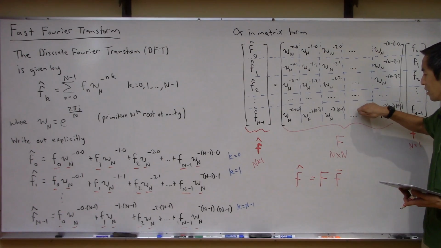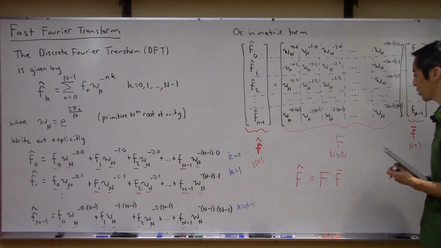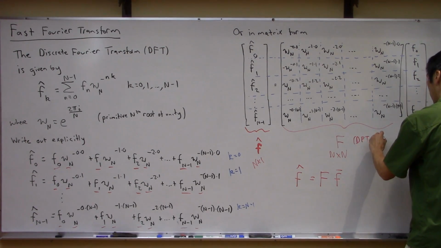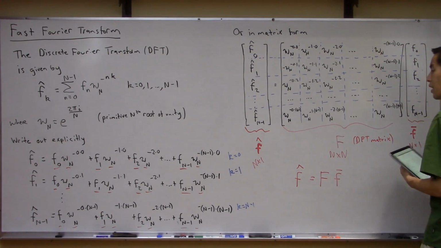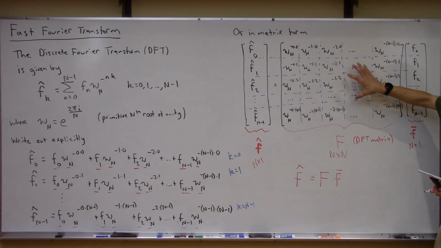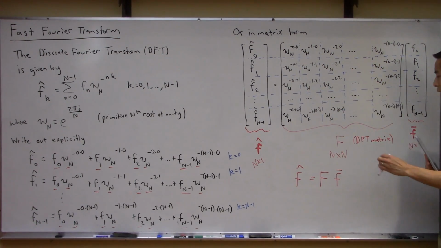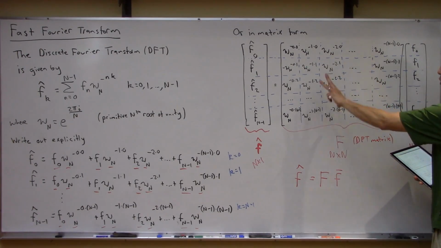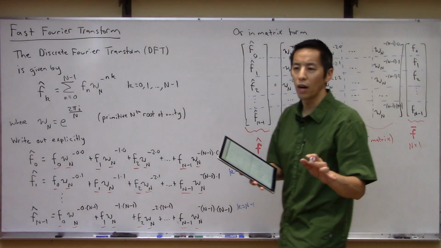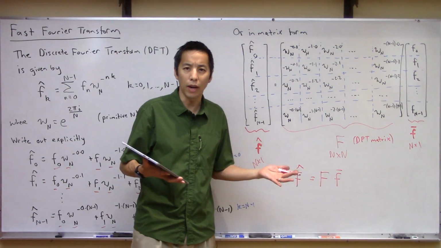First off, look at this matrix capital F, right? This is sometimes referred to as the DFT matrix, because this entire discrete Fourier transform operation is literally just encoded in this matrix. And what's fun about this DFT matrix is notice that it's not a function of what the sample values are, right?